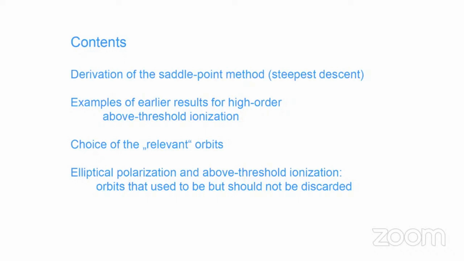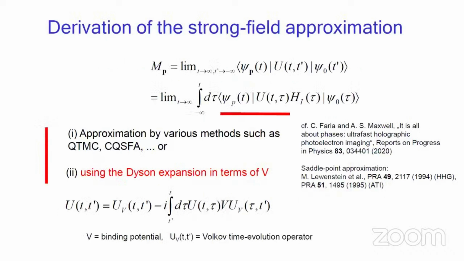The central topic is this: it's normally said, you include the relevant orbits. The question is, what are these relevant orbits and what are they not? This is basically the central topic of my talk, and I look at this in the context of elliptical polarization.